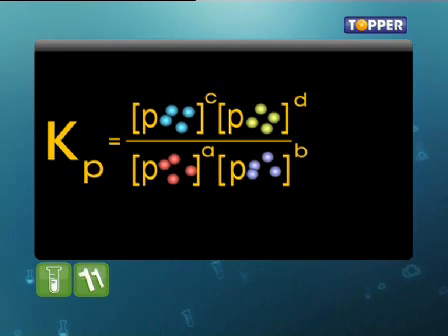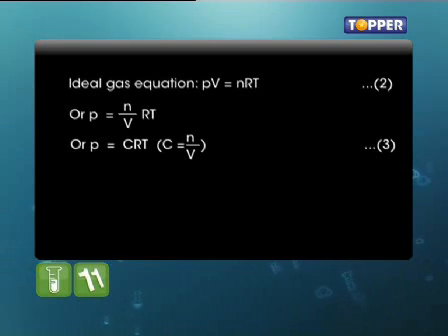To relate Kc and Kp, we will use the ideal gas equation and relate pressure to concentration by PV is equal to nRT. Now, you are aware that concentration is given by the ratio of number of moles per unit volume. Using this, we can express pressure in terms of concentration.